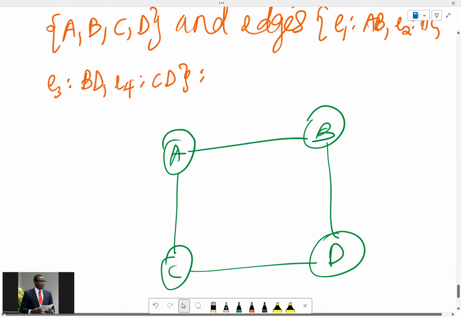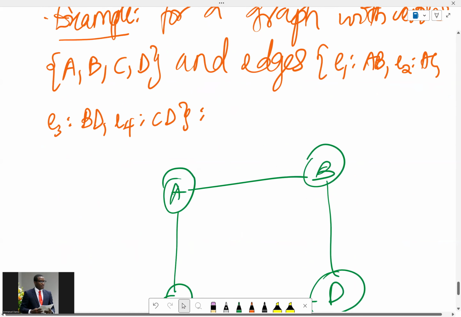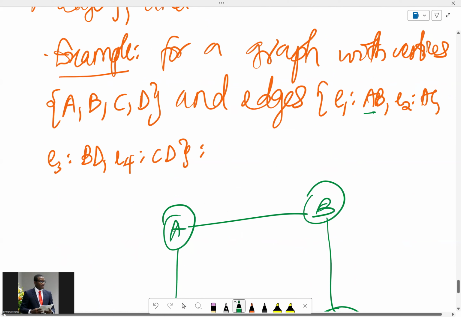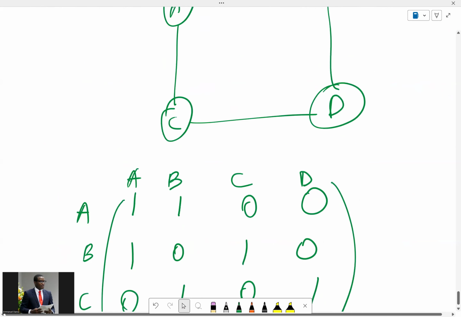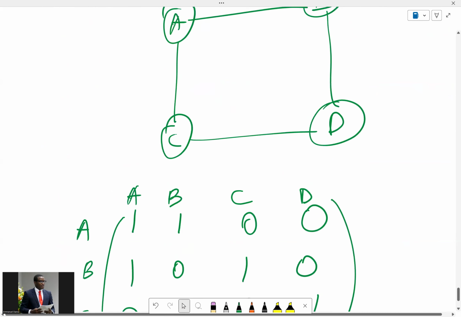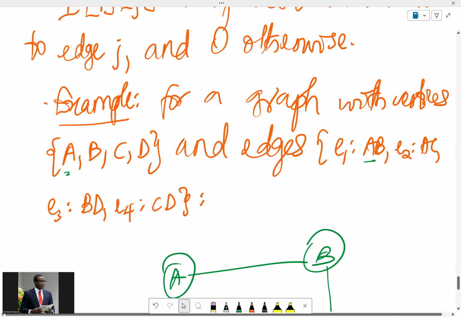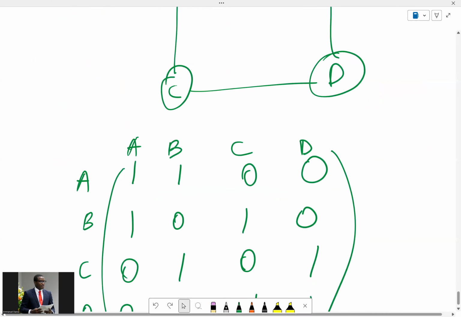So this is edge AB and vertex A, which is now represented like this: 1, 1, 0, 0. Then for B, because we have AB, you have AB, this is B here, and then this is BC, and that goes on like that.